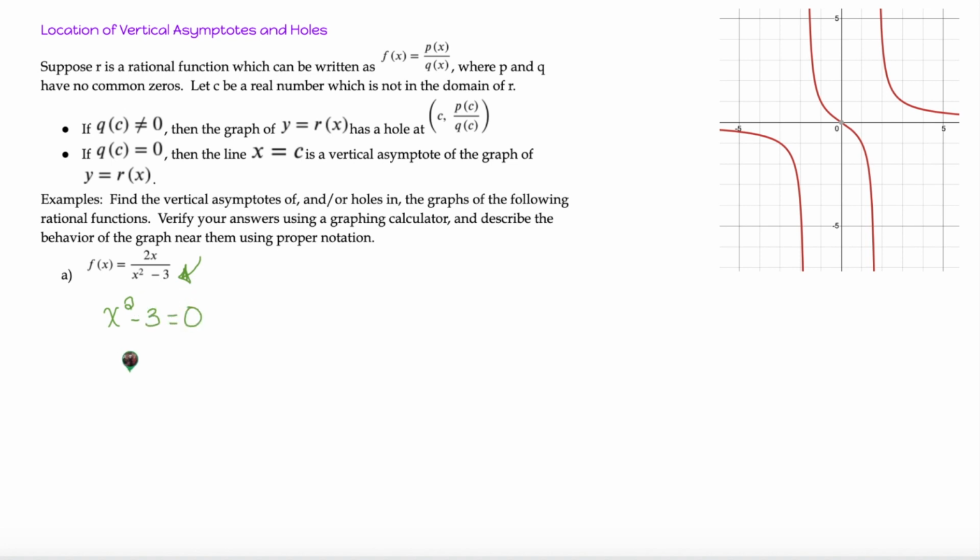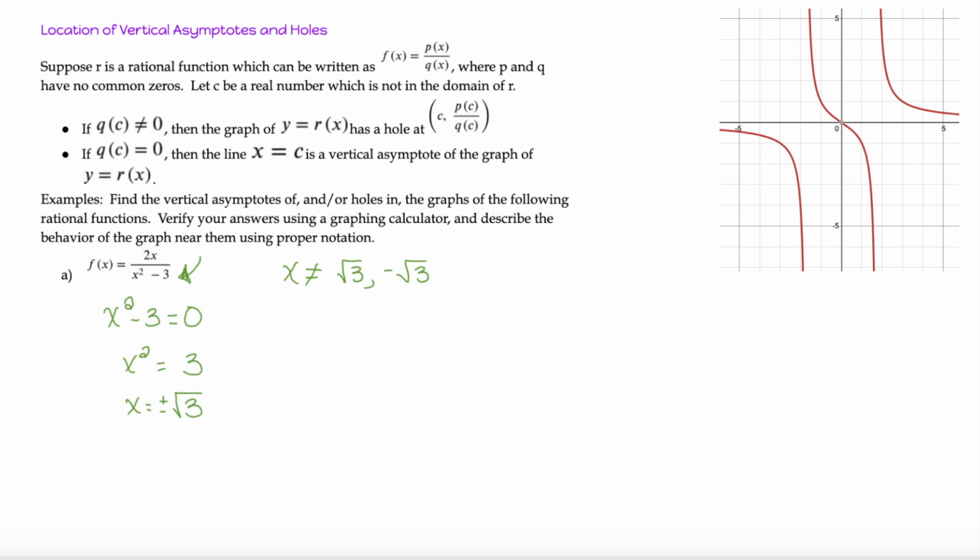Well, I can add 3 to both sides, and then I can take the square root. So I will have x equal to positive or negative square root of 3. We know then that x cannot be positive square root 3, and it also cannot be negative square root 3.